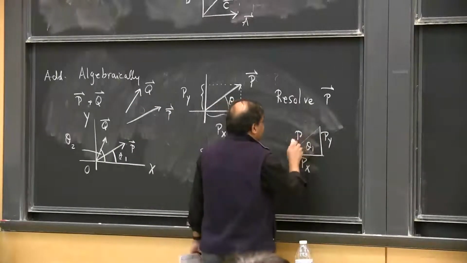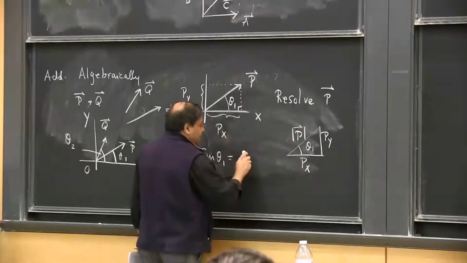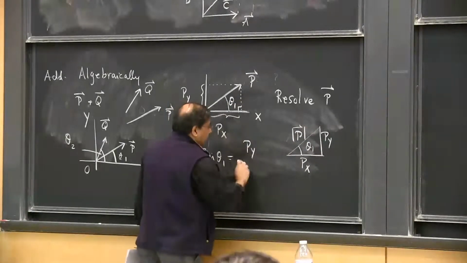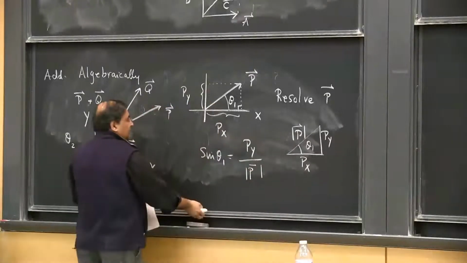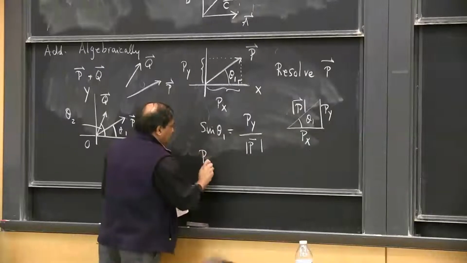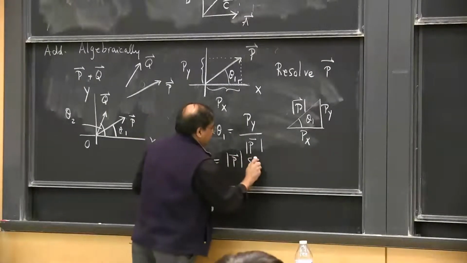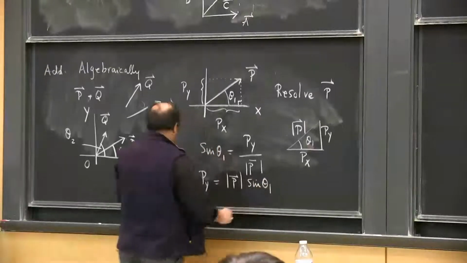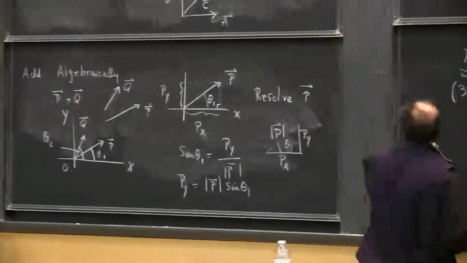Hypotenuse here is actually P itself, the magnitude of P. So opposite would be Py over the magnitude of P. Therefore, if I know the angle, I can find Py, because Py is going to be the magnitude of the vector P times sine of theta 1. Similarly, I can find P sub x as well.